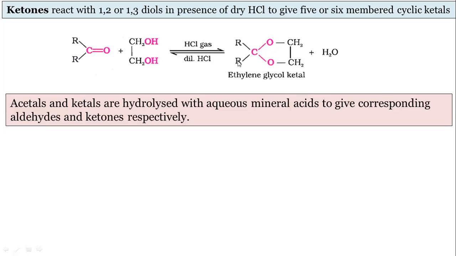This R group is the same as in case of ketones. One of the OH groups attacks this carbonyl carbon. Again, electron density will be shifted, and we get the cyclic ketals here. So this is the exception. Remember, aldehydes give acetal and hemiacetal, but ketones give cyclic ketals.